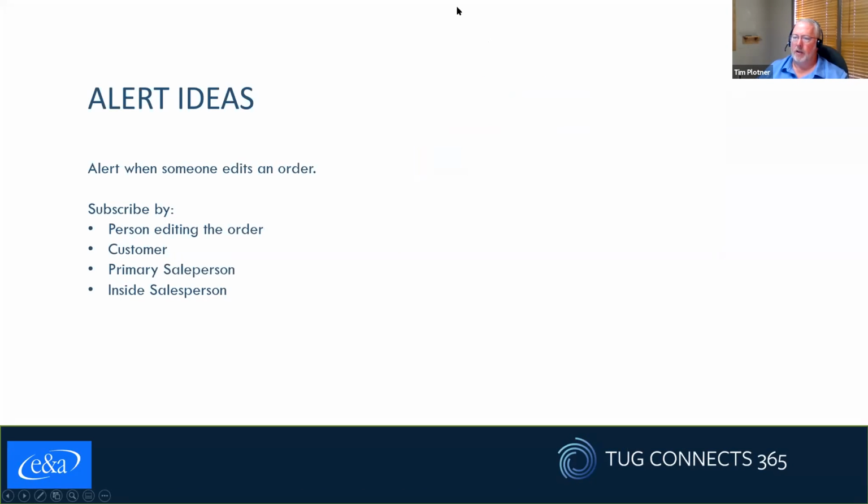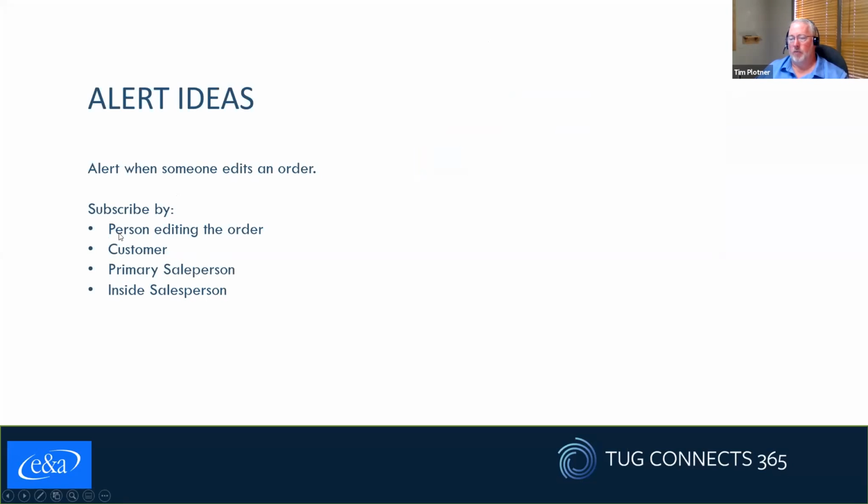Next idea I had here was, what about when someone edits an order? You could make this even editing a printed order, and all you want to know is that that happened. Well, you could build an alert that said as soon as someone pulls up an existing order and edits it, generate an alert, and you can subscribe to it based on who was editing the order.